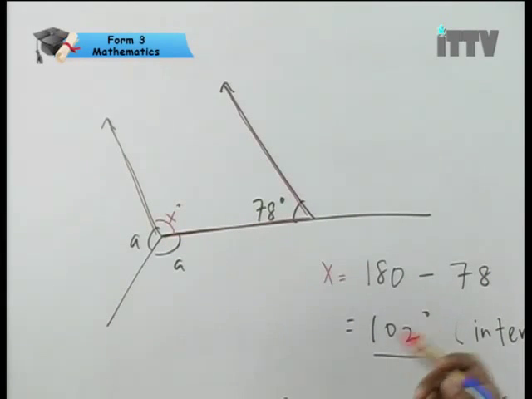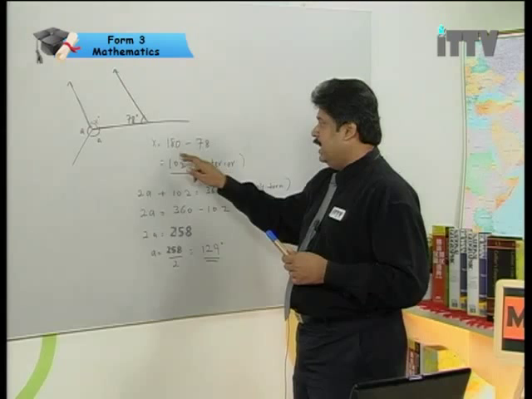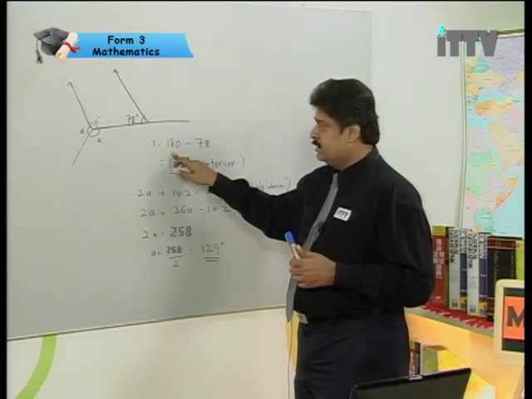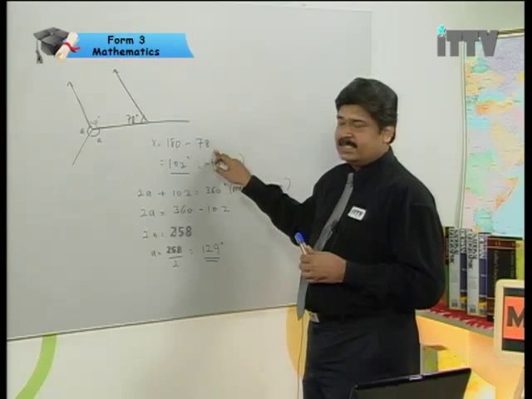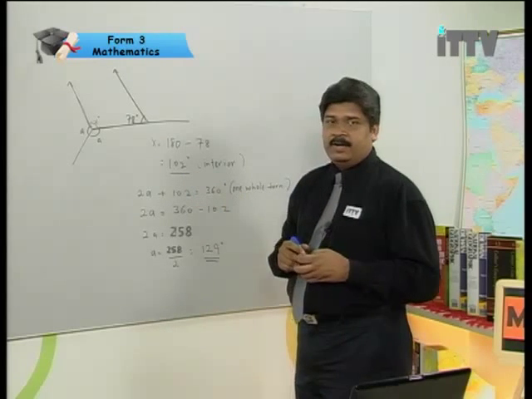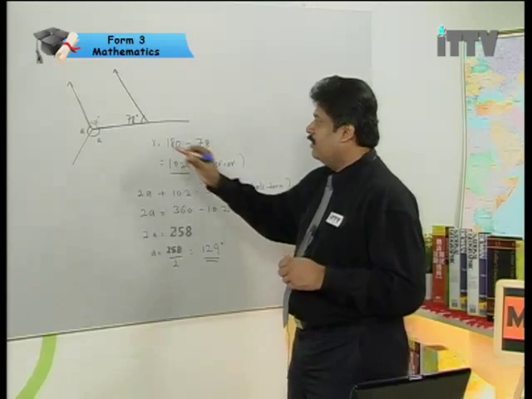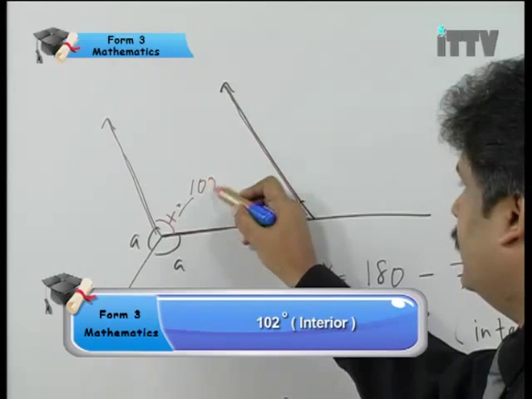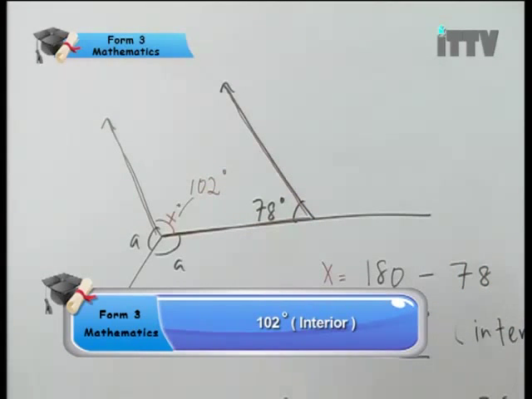As such, we are dealing with interior angle question. How do I find for value of X? Simple. I take 180 degrees minus 78 degrees, I will obtain 102. That is for the value of X, 102. So far, it is easy.